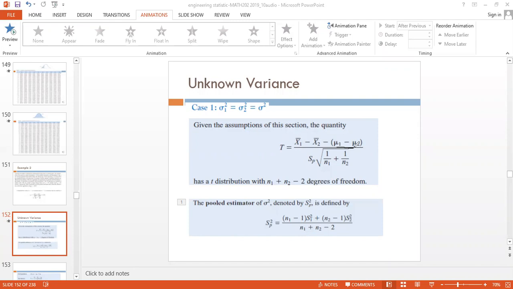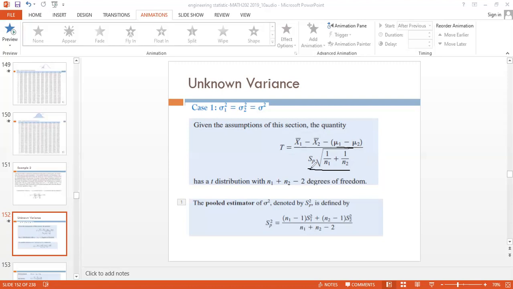However, the little difference here, which we have to take note of, is that in the t distribution we are going to compute what we call the pooled variance.